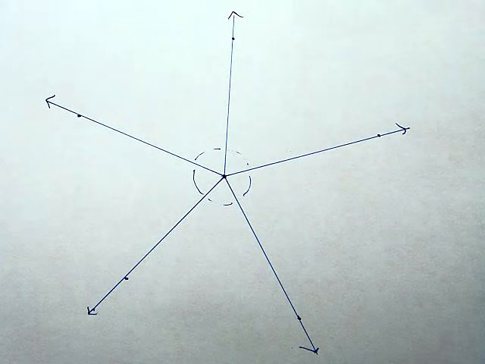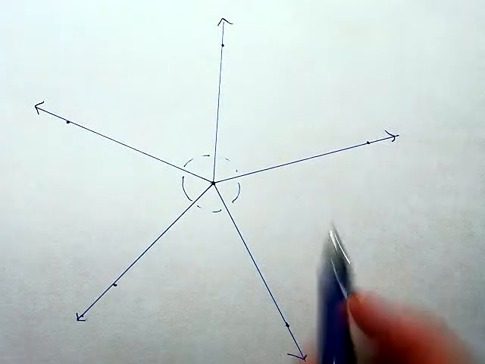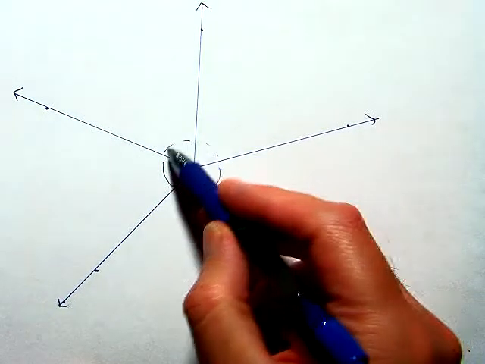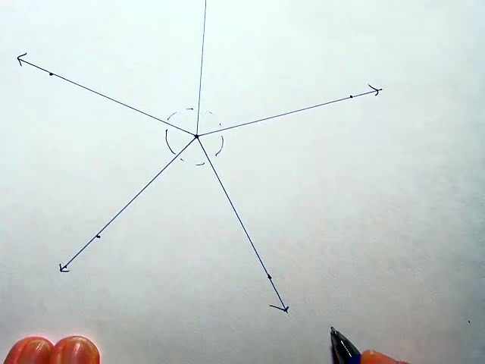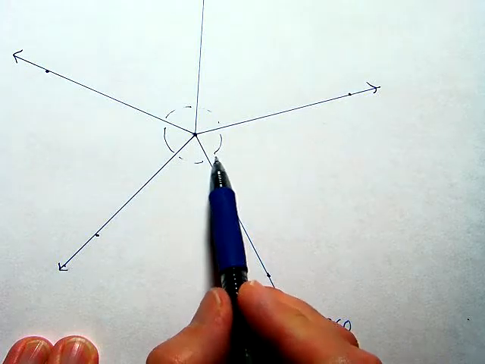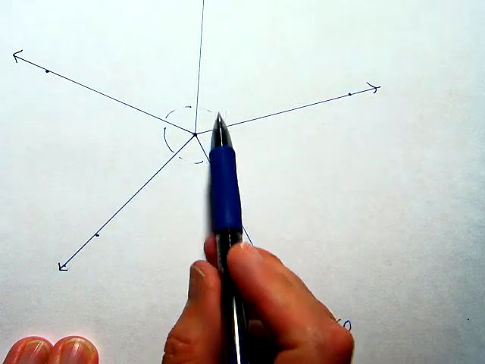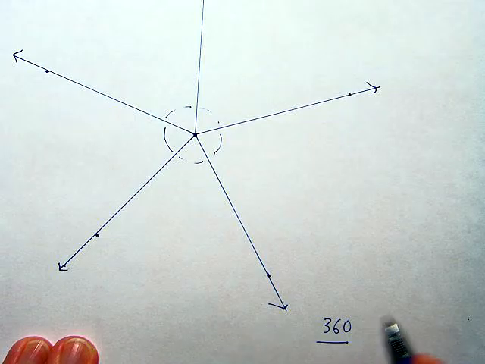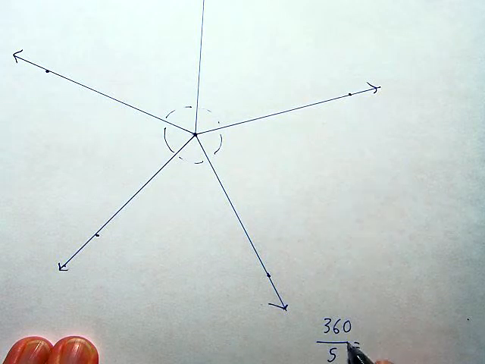So my first question to you is, what is the degree measure between two of these rays that are adjacent? We're starting out with a circle, which is 360 degrees. And we have how many spaces between lines? 1, 2, 3, 4, 5. We're dividing that 360 into 5 equal angles.